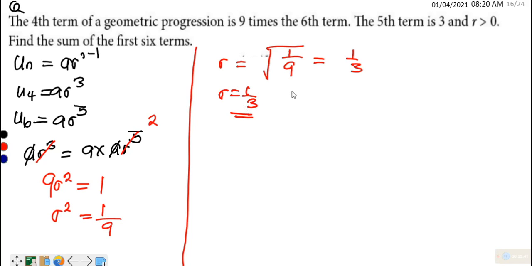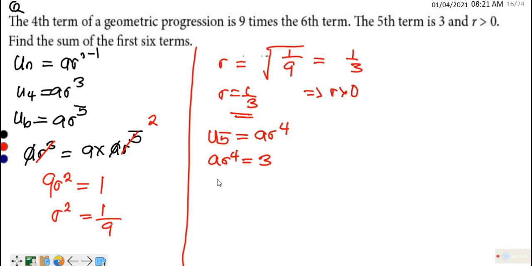Now the fifth term is 3. The fifth term, u5, equals ar4, and ar4 equals 3. They already said r is greater than 0, and of course r is 1 over 3, which is greater than 0. To find the sum of the first 6 terms, we need to find a using this formula.